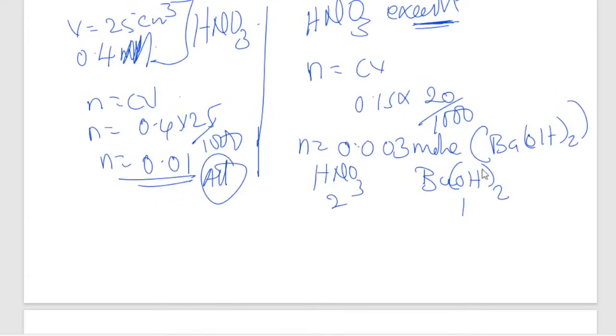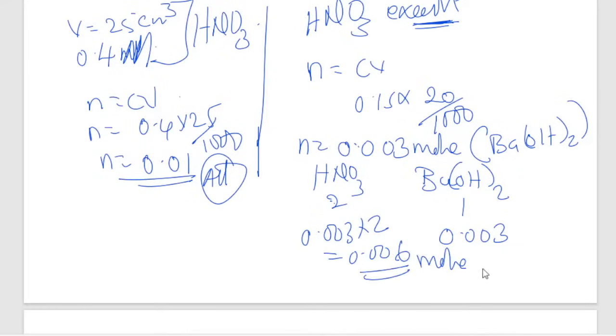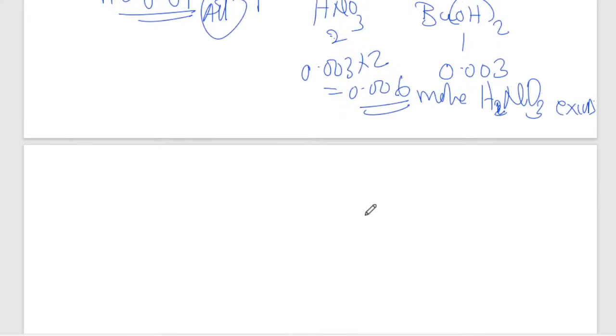So if this is 0.003 for barium hydroxide, then nitric acid is going to be 2 of them, meaning that I have to say 0.003 times 2, which gives me 0.006. So these are the number of moles of nitric acid excess.